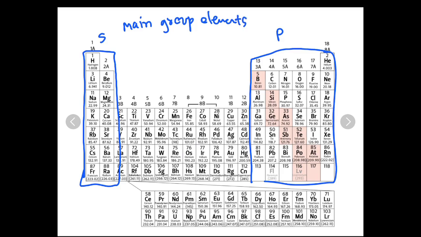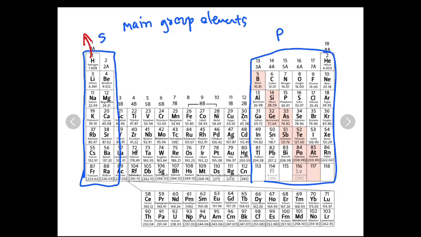We can predict the charges of the main group elements easily. However, for the rest of these, you don't have to memorize their charges because they can have several types of charges. According to the chapter 4 videos, we know that group 1 contains 1 valence electron, so losing an electron makes it easier to achieve the noble gas electron configuration.